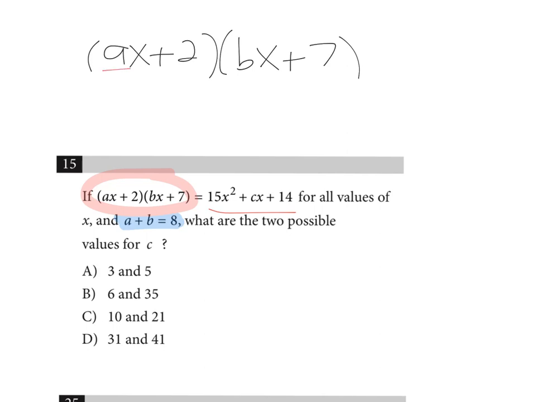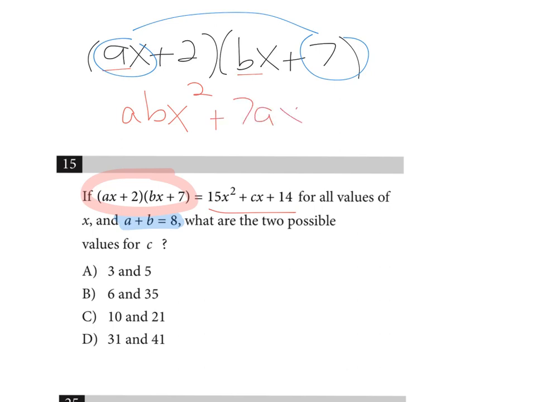The fronts, ax times bx is abx squared. That's the firsts. The outsides, ax times 7 is 7ax. The insides, 2 times bx is 2bx. And then the lasts, 7 times 2 is 14.